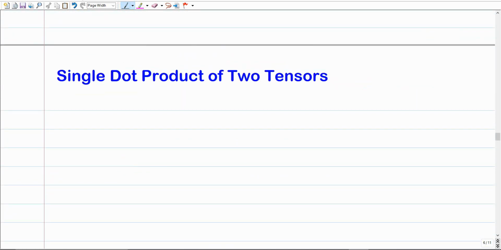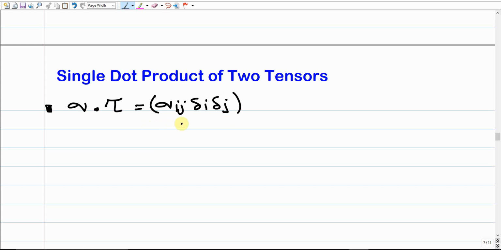The next operation is the single dot product of two tensors. Let us assume that we have two tensors, like tensor sigma dot tau. So this is a single dot product of two tensors. Let us figure out what we end up with, and rewrite these tensors in terms of their components.